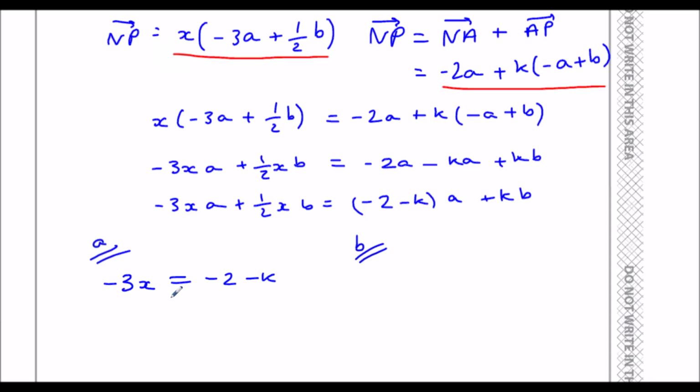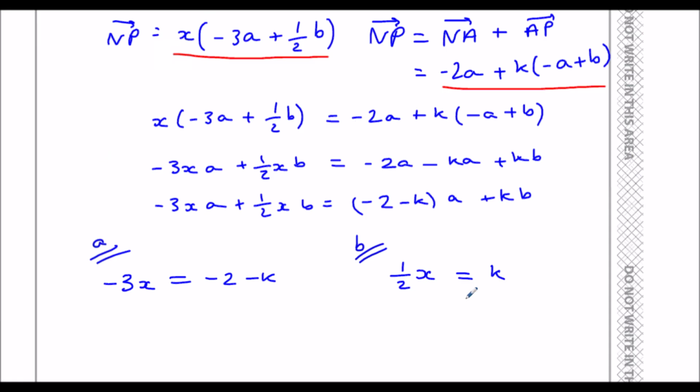So minus 3x must be equal to minus 2 minus k. The A's must be the same, and the B's must be the same. So half x must be equal to k. So half x equals k, and minus 3x equals minus 2 minus k.